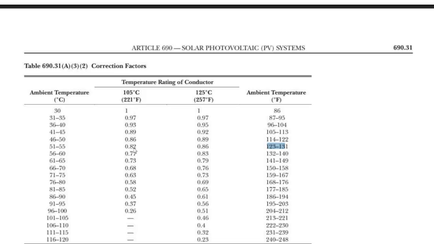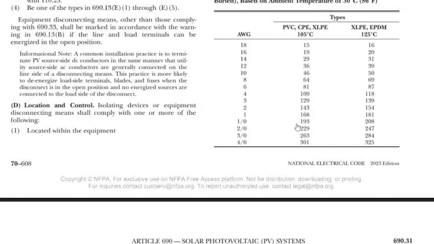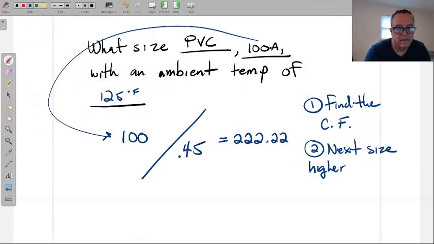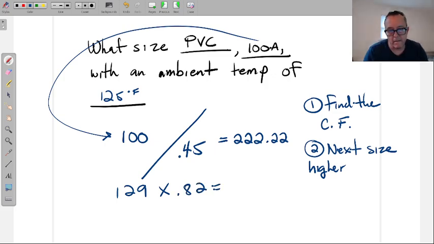And now I could have guessed probably the number 3, going back up here, probably the number 3 at 129. 129 times 0.82. I'm losing not a little bit, that's enough, but I'll show you what I mean. 0.82 equals 105.78. So perfect.